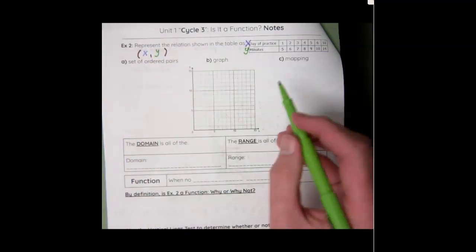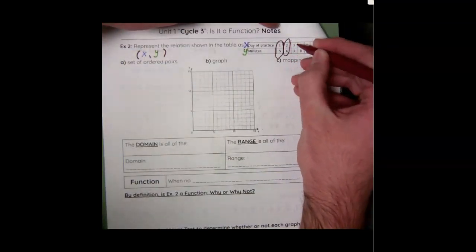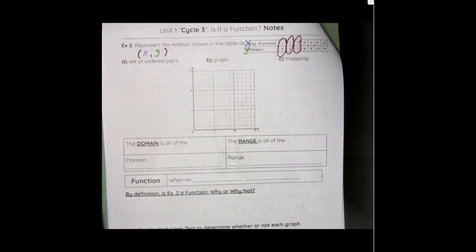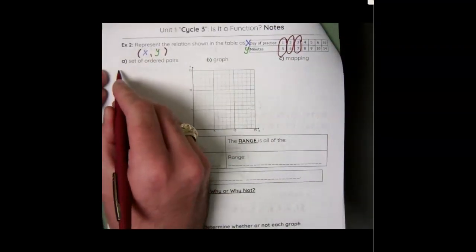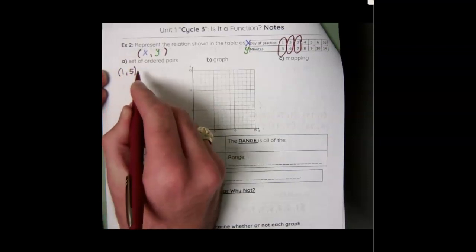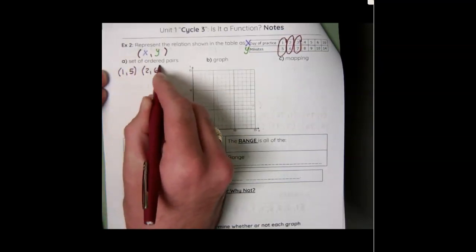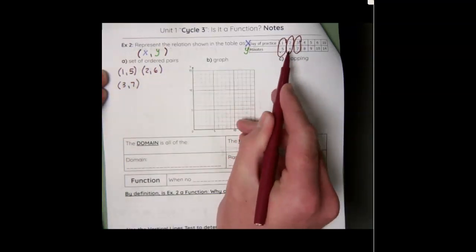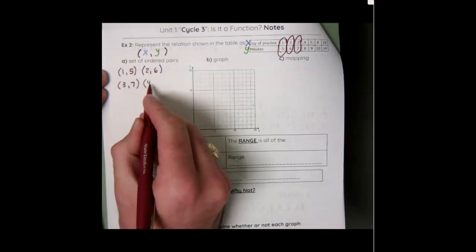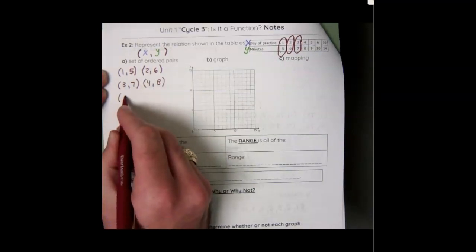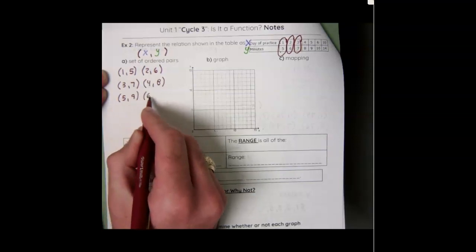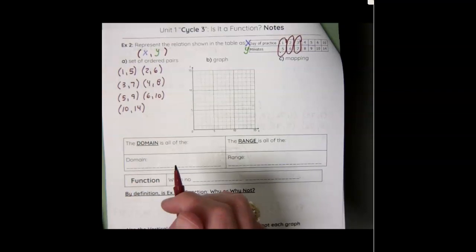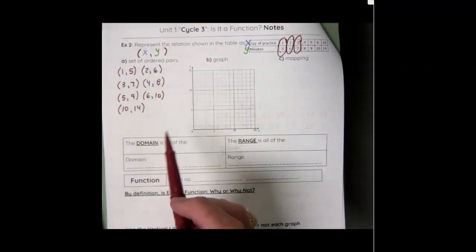Right? So we've got them really nice and easy set up for us. This is an ordered pair, this is an ordered pair, so on and so forth, right? So our first ordered pair would be 1, 5, and then we would get 2, 6, because we got x, y, x, y, x, y, so it would be 4, 8, 5, 9, 6, 10, 10, 14. Okay? So that's how we would write a set of ordered pairs, x, y.